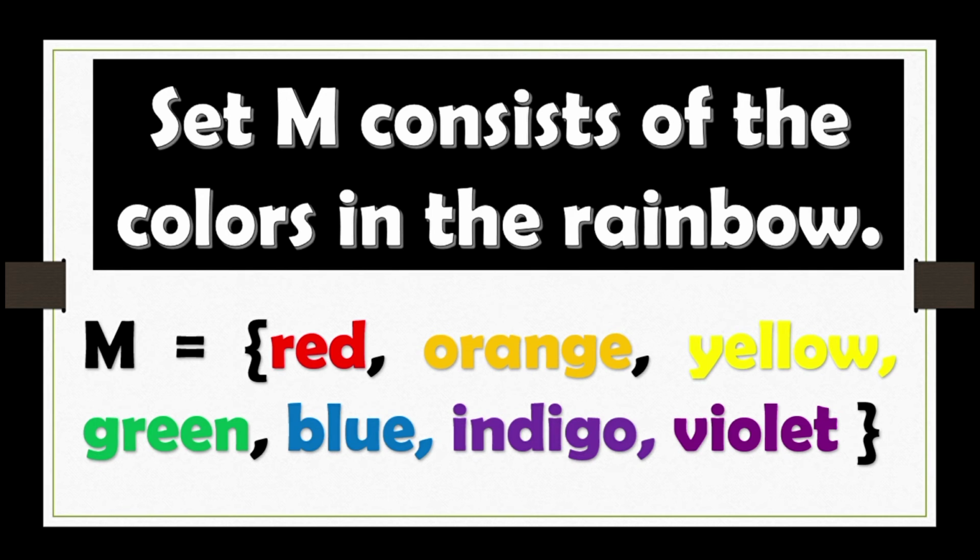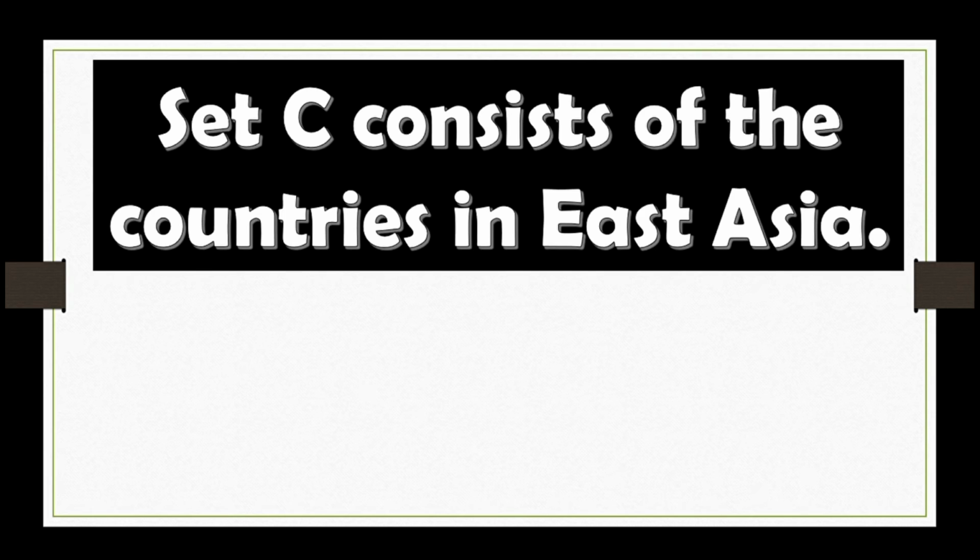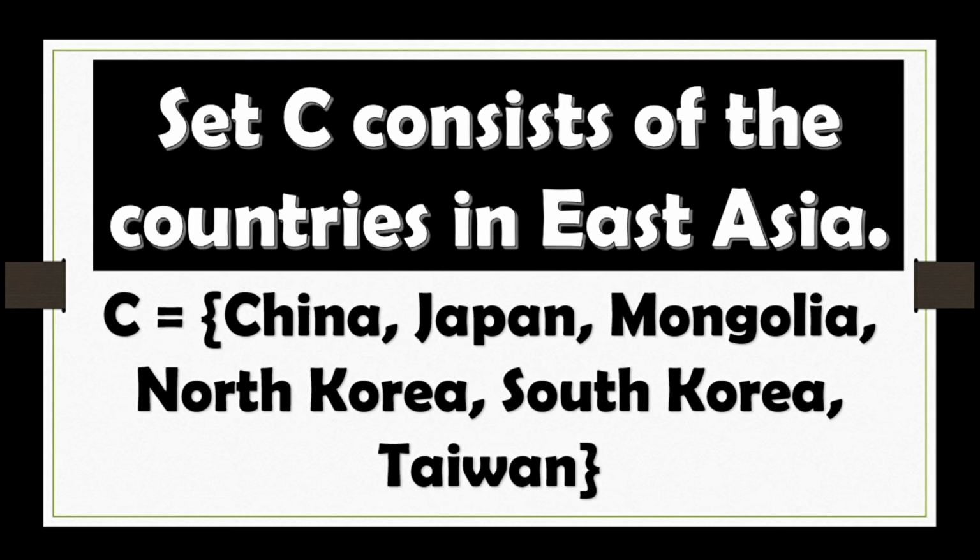So this is how to write our set using the roster form. Second example. Set C consists of the countries in East Asia. To write this one, we will have capital letter C equals, open bracket, China, Japan, Mongolia, North Korea, South Korea, and Taiwan, closed bracket.